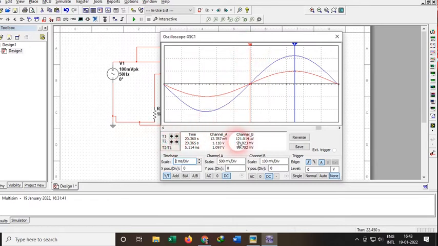For channel B, it is showing 121.014 microvolt. So it is not currently at the 0 point, it is at 121.014 microvolt. That means it is a very little bit above the 0 line, but that is okay, it will not matter much.